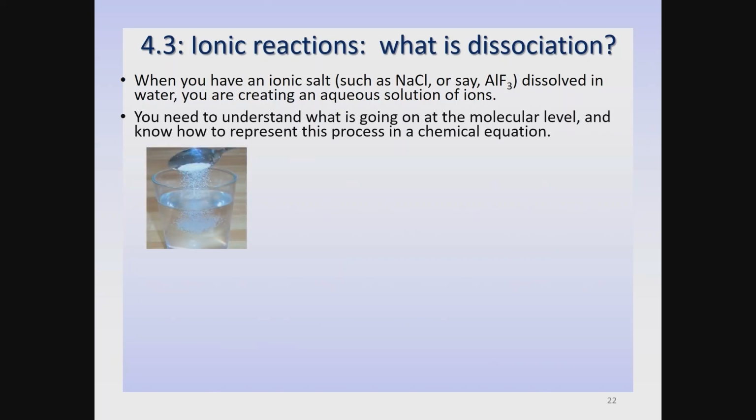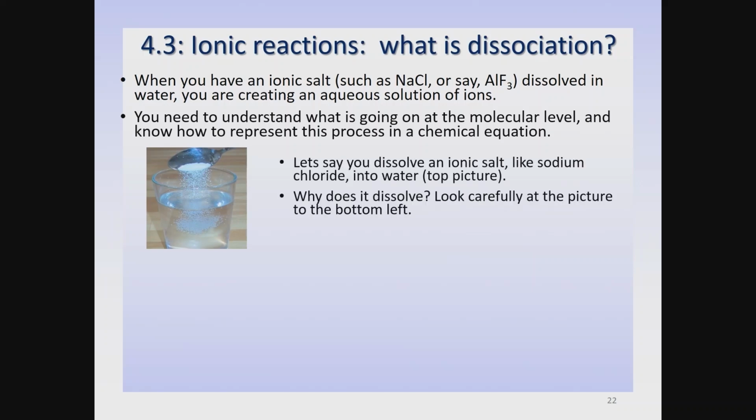So to understand that a little bit better, I think it's really good to understand what's going on at the molecular level so that we can write chemical equations that represent this process of dissociation. So let's start out with a simple example here. Let's say you have sodium chloride salt at the end of the spoon, or you're just dropping it in the water, and you add just enough so it all dissolves.